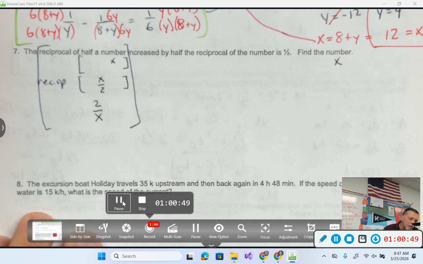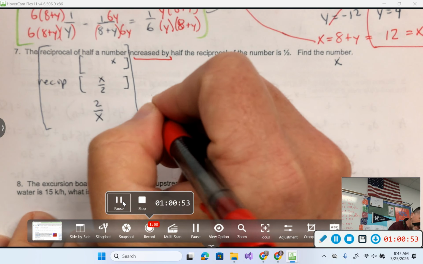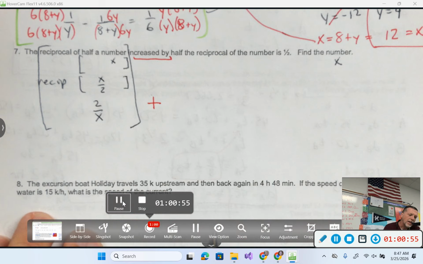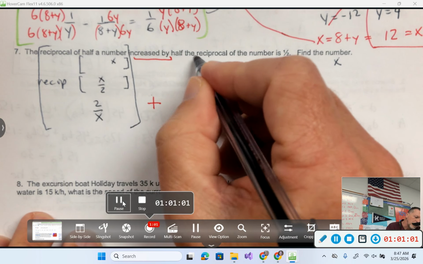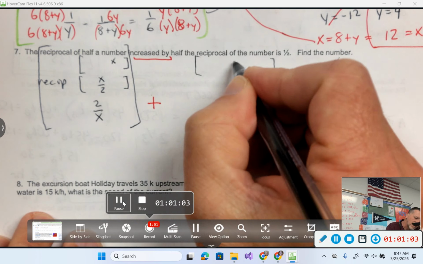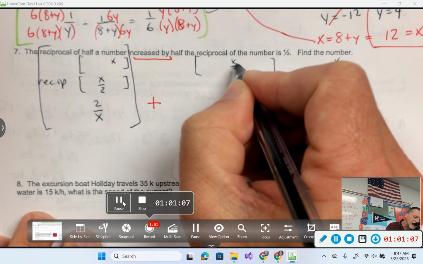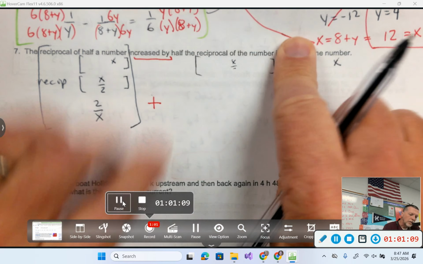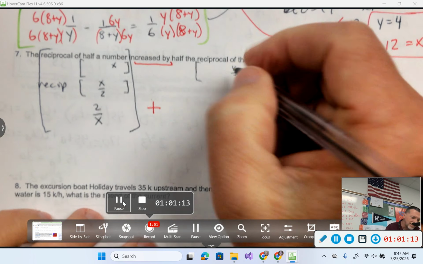Increased by, what's that mean? Added. So we're going to add half the reciprocal. Okay, well, what's the reciprocal of the number? X over 2. No, not the reciprocal of the number. Not x over 2, but 1 over x.